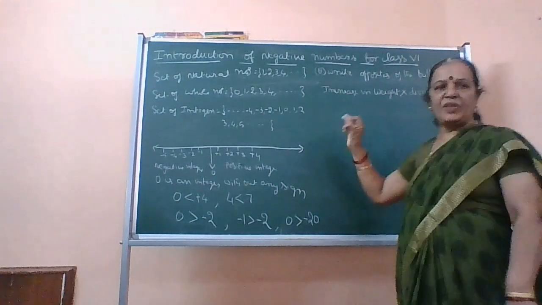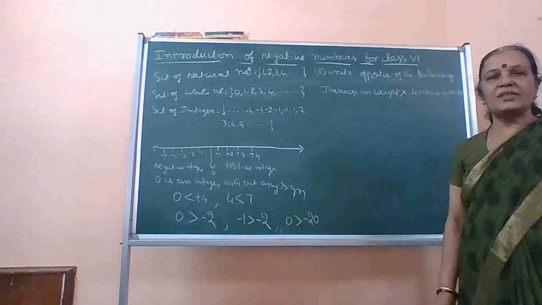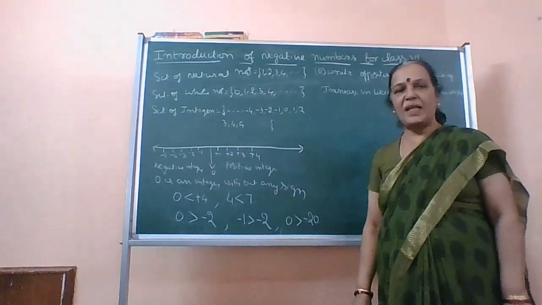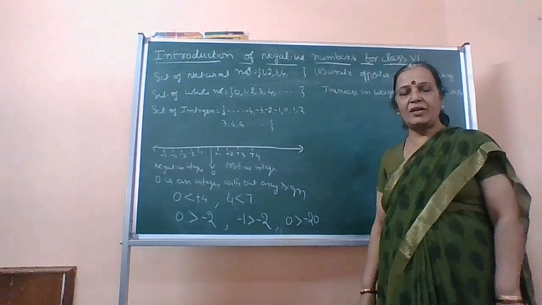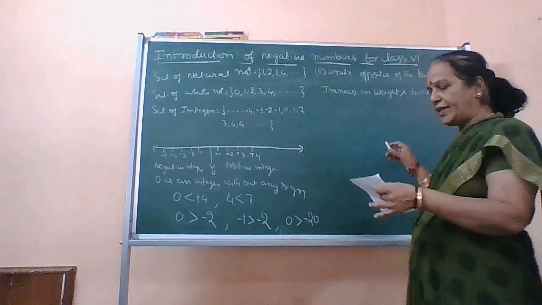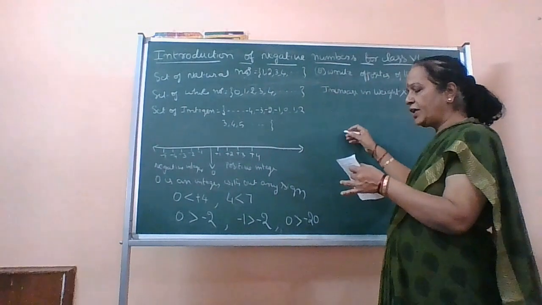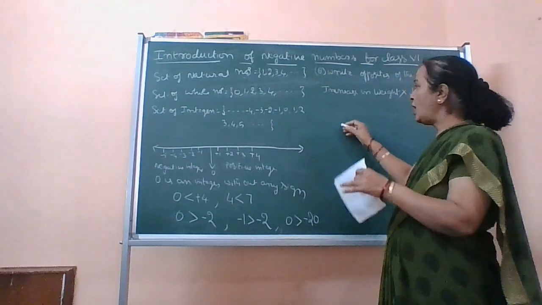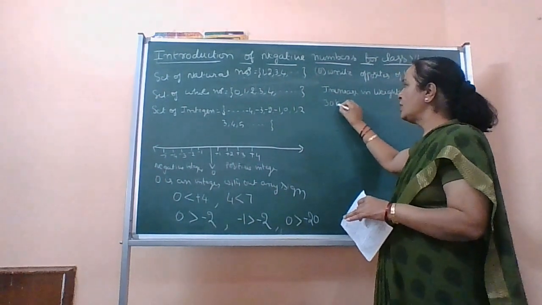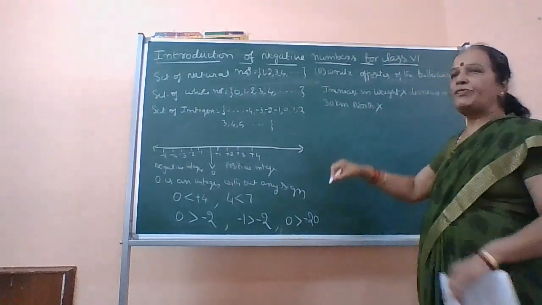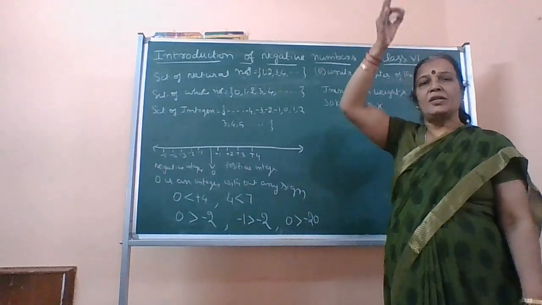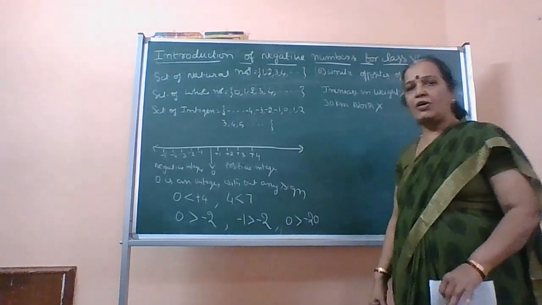Now, increase in weight is represented by plus sign and decrease in weight is represented by minus sign. Next one is 30 kilometers north. For north, the opposite is south.